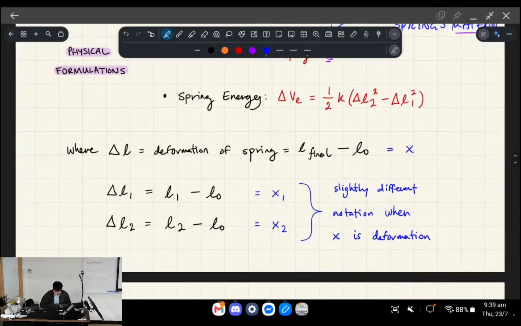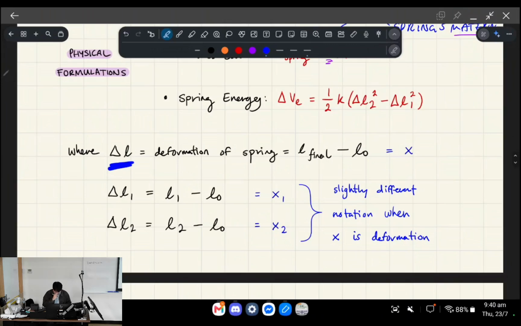And there's different notation for it. Sometimes you'll see it as delta L. I think in some of the working out that I do in this workshop, you might see it as X. So X is just referring to, for example, delta L1 means based on the energy state 1, this is how long the spring currently is. This is its equilibrium length.